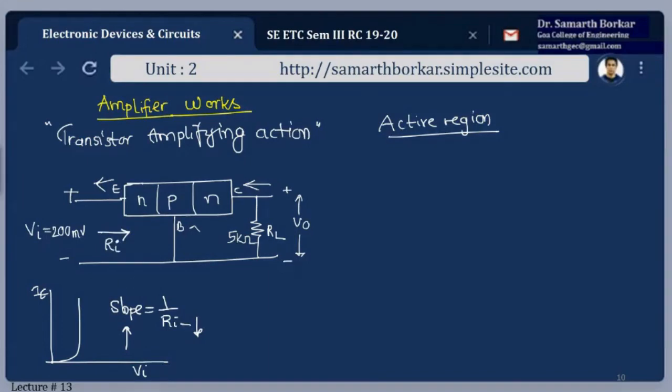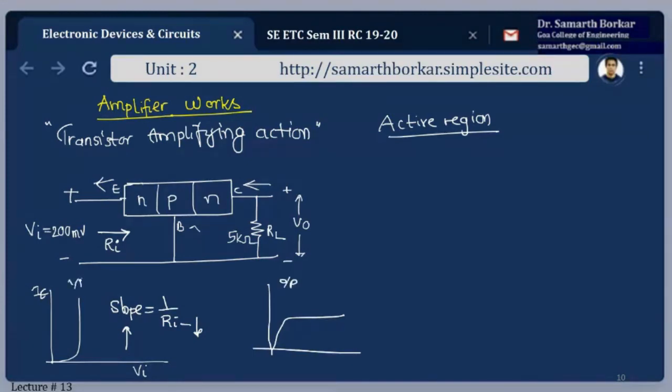In simple words, if I look from the input end and check the resistance across this and this terminal, then that resistance is referred to as input resistance. This is the characteristics for output.